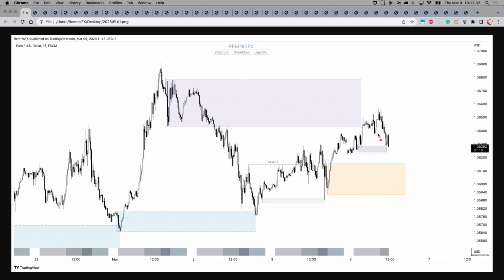And as I mentioned many times before, if you get a proper setup after internal inducement is liquidated, then by all means, take it. But these are more often than not 50-50 probability, while your major inducement is higher probability. So remember, internal inducement 50-50, internal engineered liquidity and major inducement higher probability.